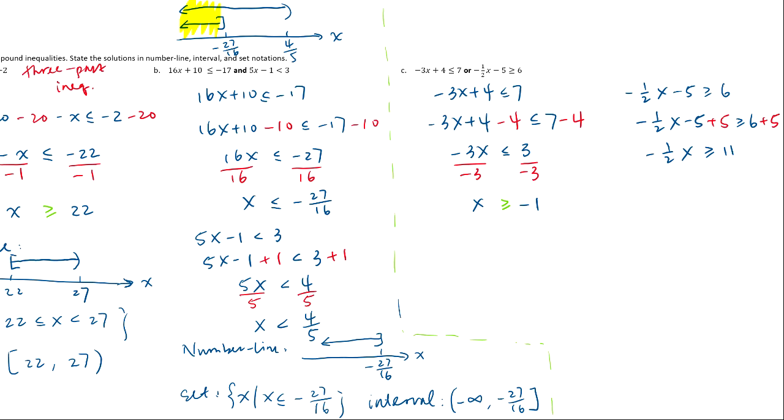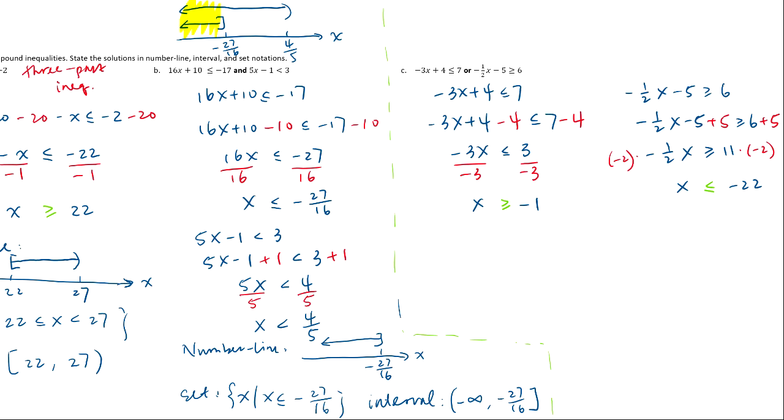Same thing as before, we could divide by negative 1/2 on both sides to get x by itself, or you can think about multiplying by its reciprocal. So we can multiply by negative 2 on both sides of the inequality. Here we would get x as a result of the cancellation and negative 22 on the other side. Same thing as before, we're multiplying by a negative value, so we get to flip the inequality symbol. So we get x is less than or equal to negative 22 over here.